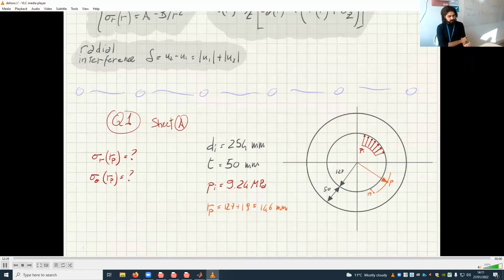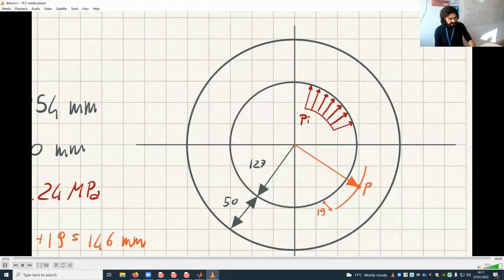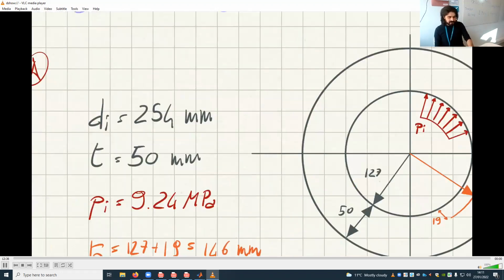So we want to find sigma r. What's going on here is that we have a 127 millimeter radius. So we have a diameter of 254, but of course the radius is 127. We have a 50 millimeter thickness here, as you can see.